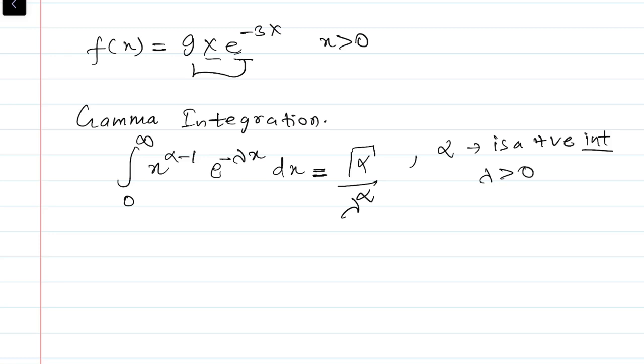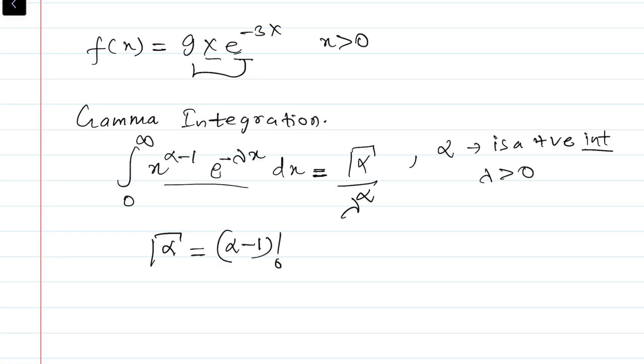So when these conditions are satisfied, the function is in this form and the range is 0 to infinity, then the answer is gamma alpha divided by lambda to the power alpha, where gamma alpha is simply alpha minus 1 factorial.